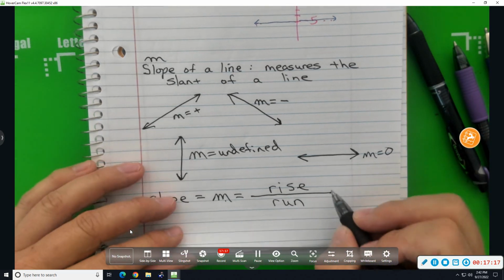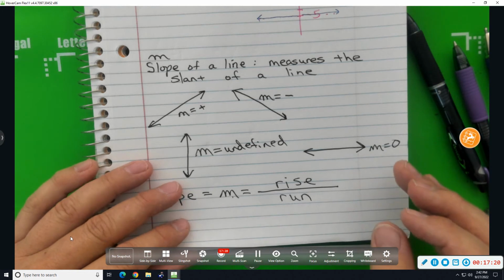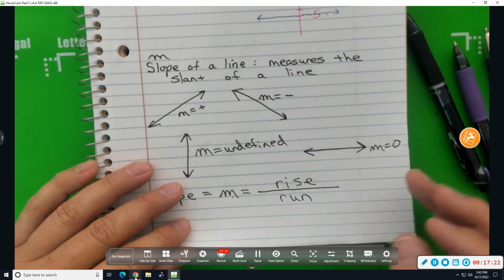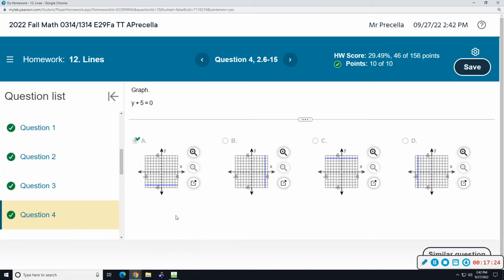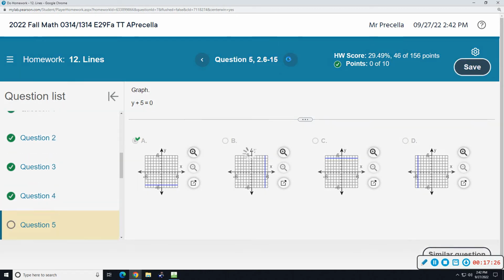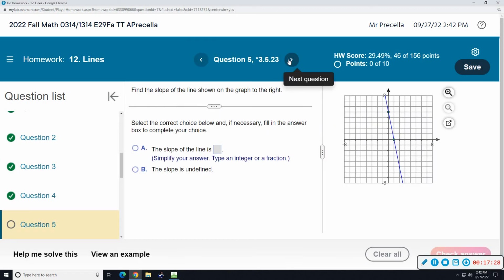So let's look at number 5. They give us a graph and they ask us to find the slope of the line. I'm going to use that notion of rise over run. So this is number 5.